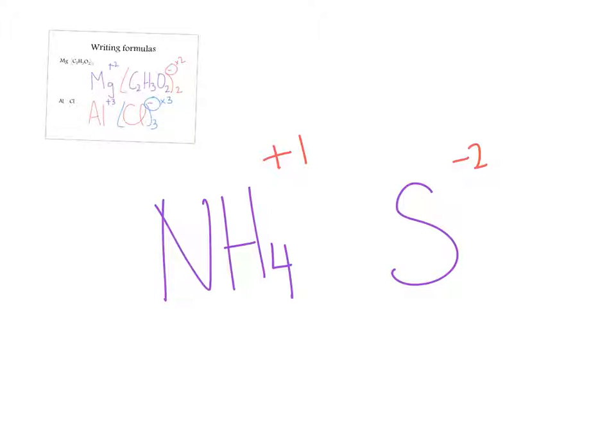So you're going to take your NH4 and multiply it times 2, which means essentially you're going to take that 2 and cross it down here. But be careful about that because you don't want to have 42 hydrogens.